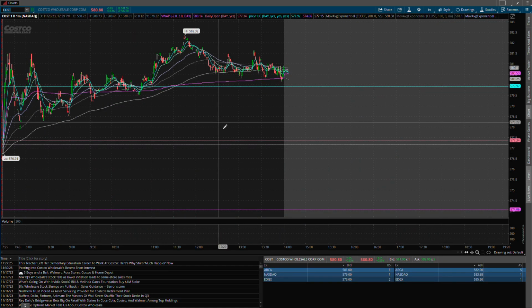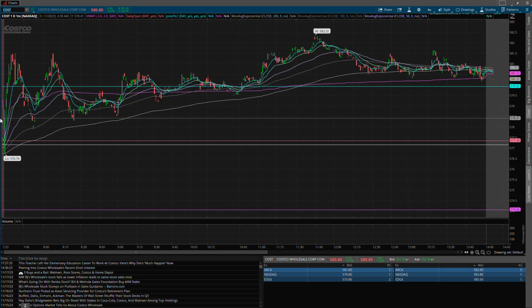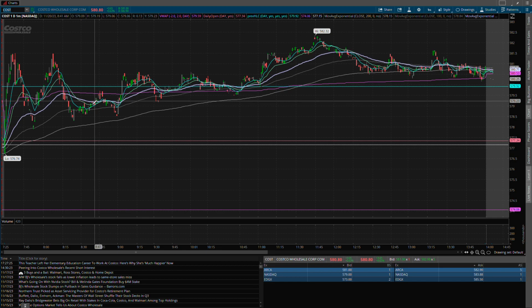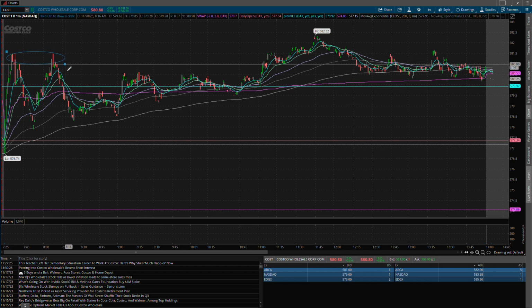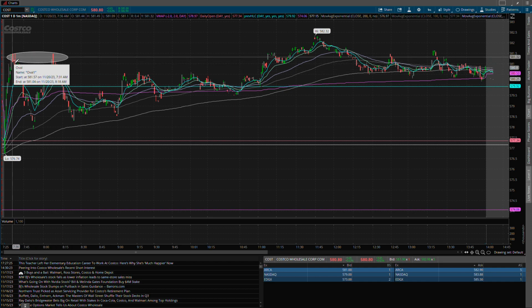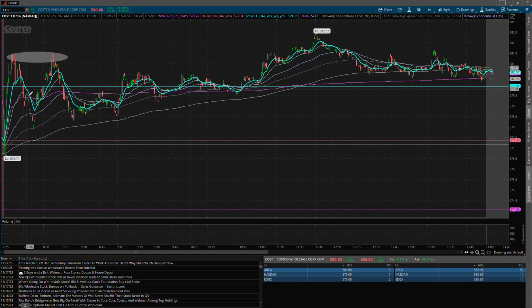Now, if I look at Costco, Costco here is showing a double top. If I missed this point of shorting it, then that would be the next point that would allow me to short here.